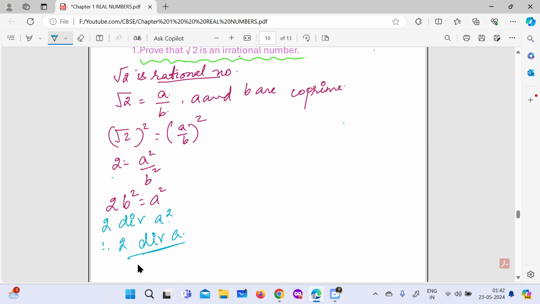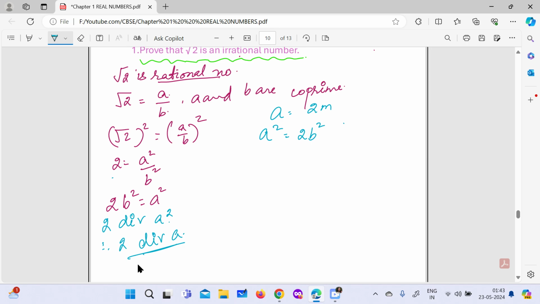Now you can say that we can consider a is equal to 2m. Now we have a is equal to 2m, so we can write it as, see, also you have a square is equal to 2b square.